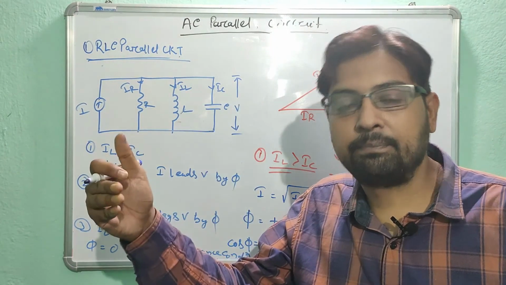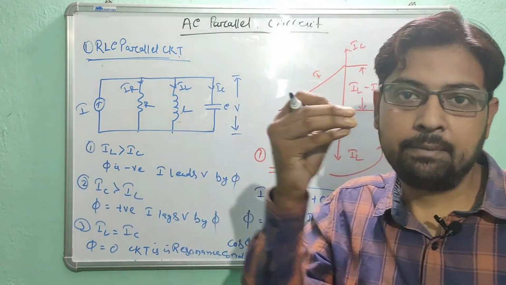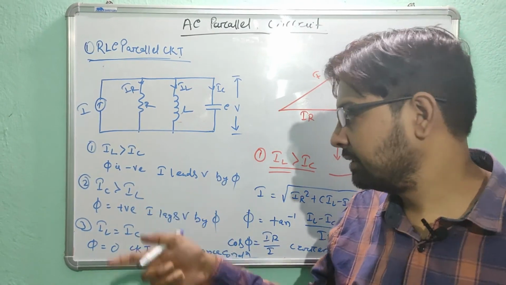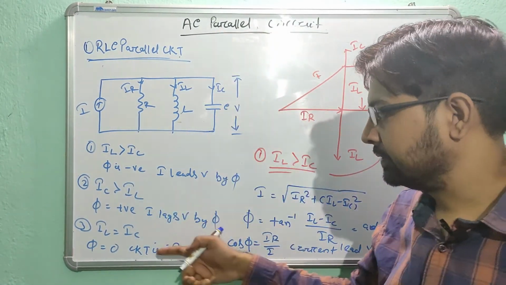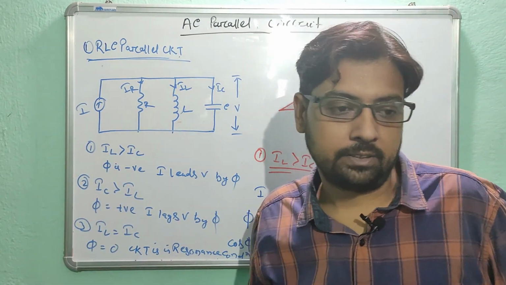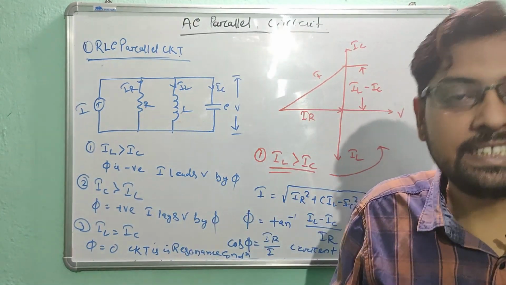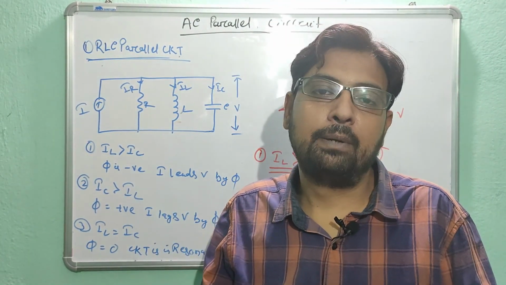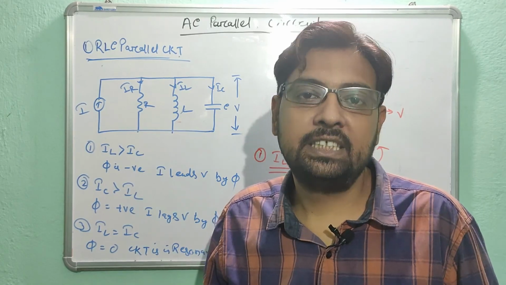For the RLC series circuit also, if VL is equal to VC, then this is your resonance condition. For the RLC parallel circuit also, if IL is equal to IC, then it is in resonance condition. So this is all about the steady state analysis. Next video we will discuss some problems about steady state analysis of AC circuits.